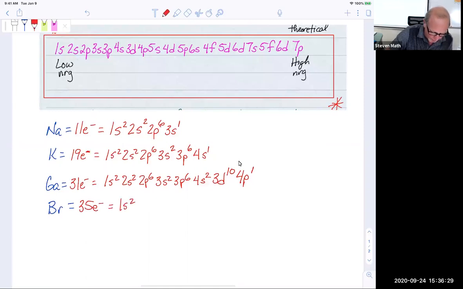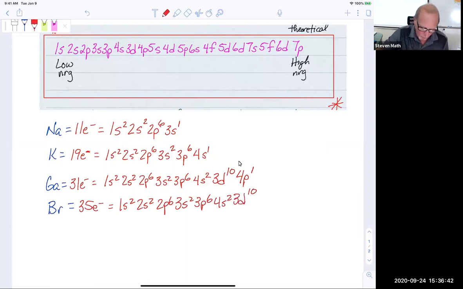We go 1s2, 2s2, 2p6, 3s2, 3p6, 4s2, 3d10, 4p5. We just keep filling up those electrons. Fill them up, move to the next orbital. Fill them up, move to the next orbital.